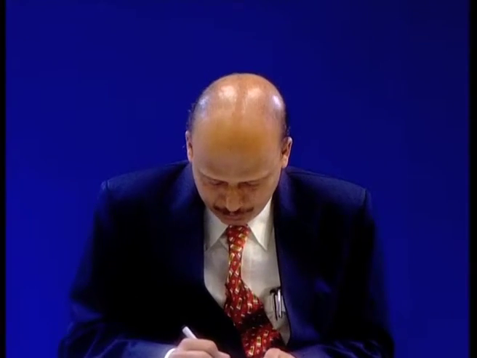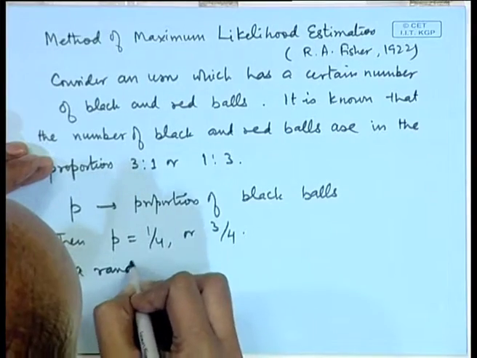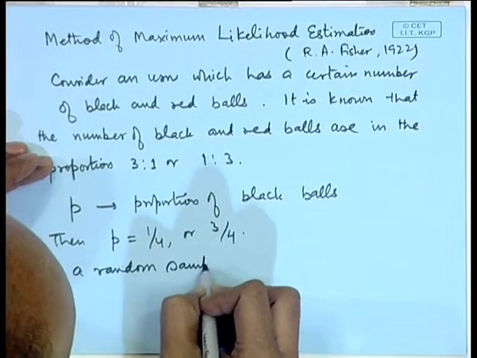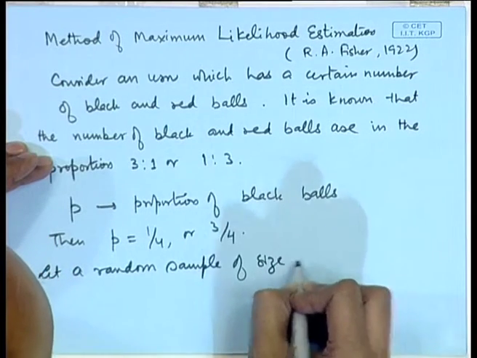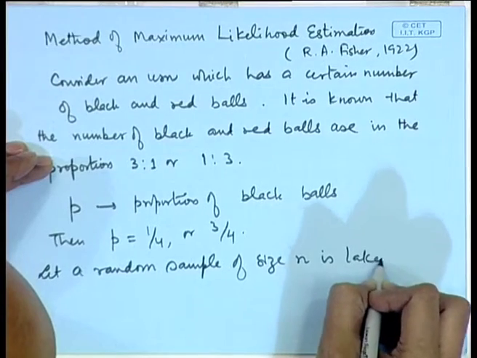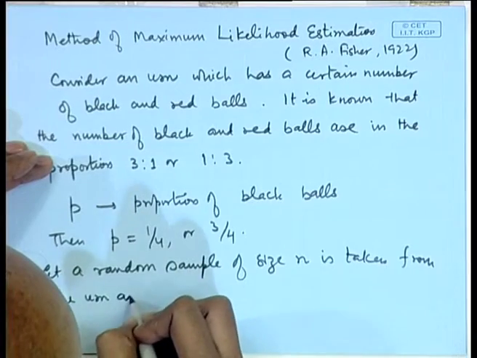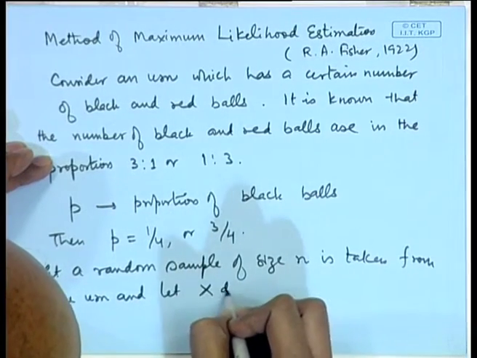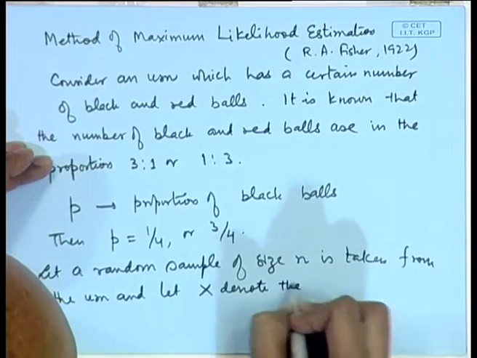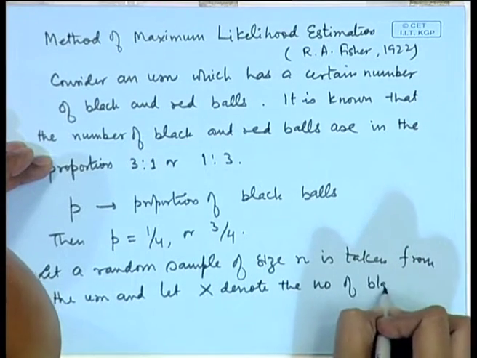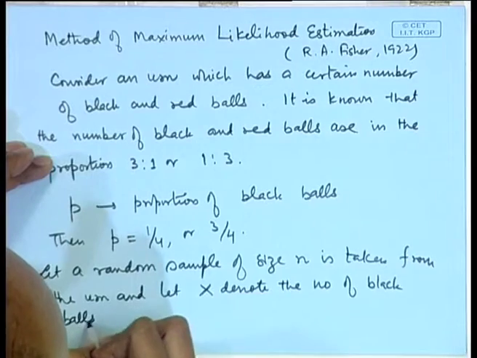Now, let us see how to frame a statistical inference problem and then an estimation problem from here. What we can do is take a random sample from the urn. So let a random sample of size, say, n be taken from the urn, and let x denote the number of black balls in the sample.